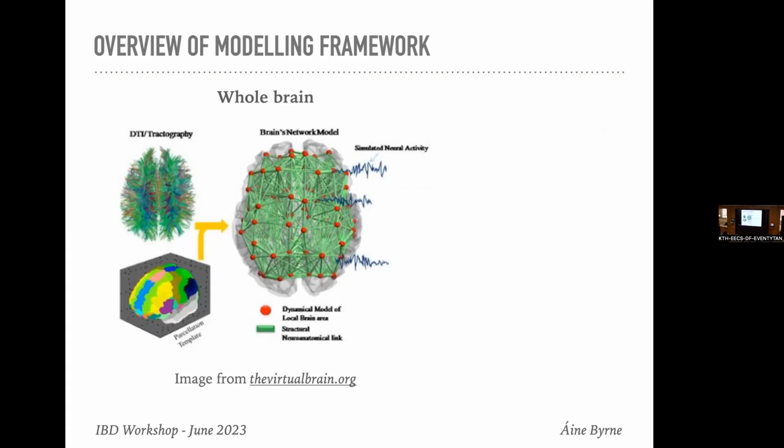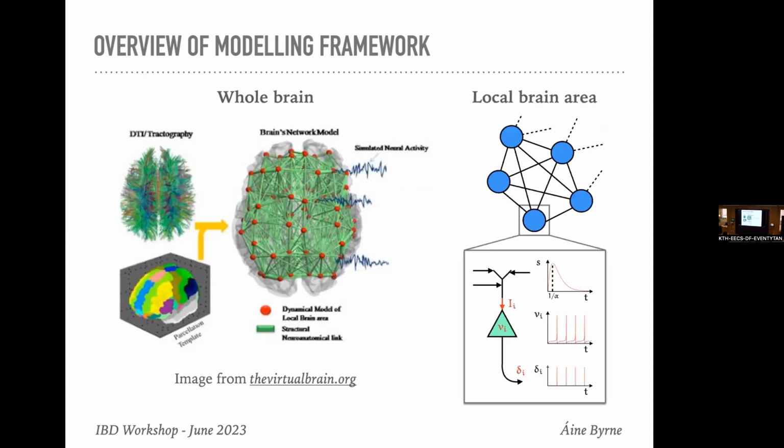So in my work, I look at these brain region models. Inside of those red dots, we have another network, which is a network of neurons. Think of each of those blue dots as a neuron, and the neurons are connected with different probabilities and different strengths. Each neuron has some equations that describe how its voltage evolves with time, and how its synaptic input evolves with time.